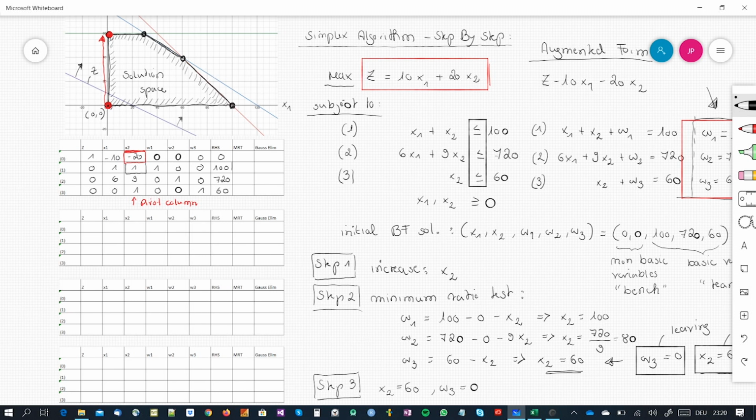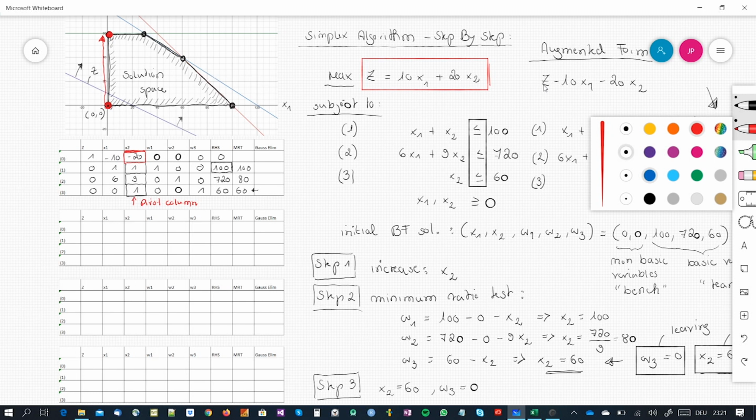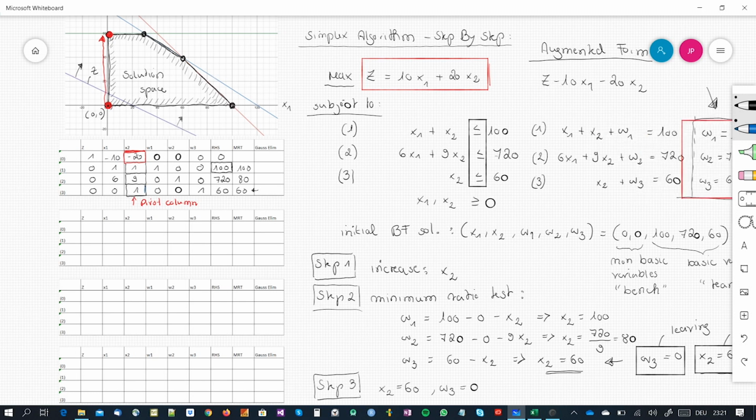That would be 100 divided by 1 is 100, and 720 divided by 9 is 80, and the right-hand side 60 divided by 1 is 60. And we see that this is the minimum value. So I highlight it in blue maybe, and it becomes more clear. So this is our pivot element.